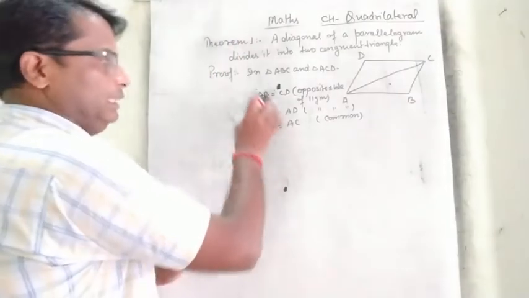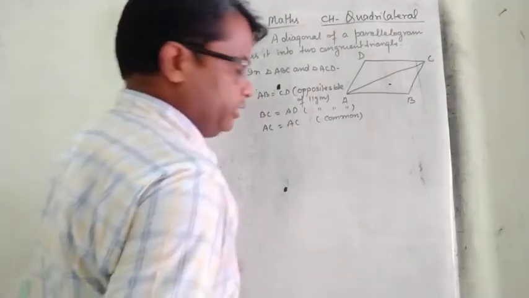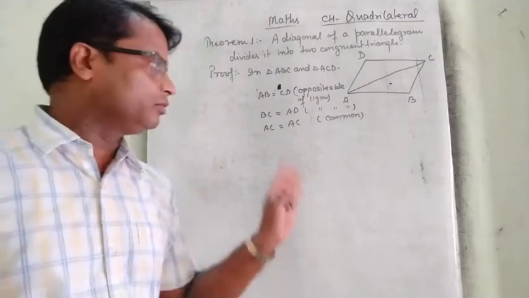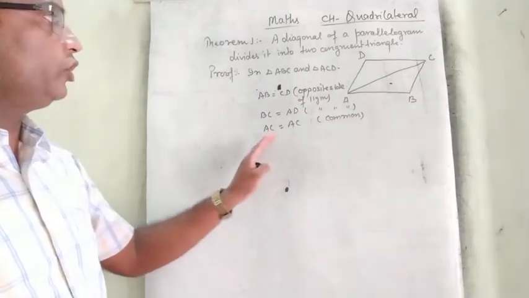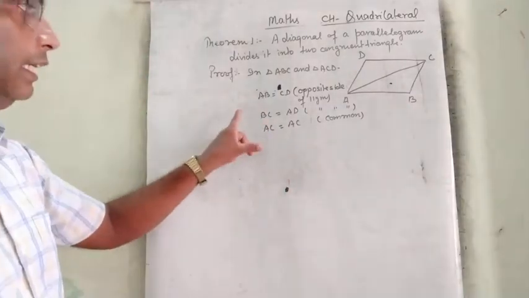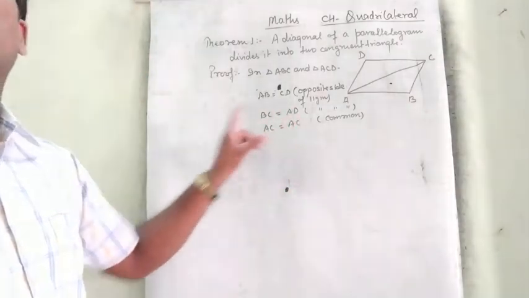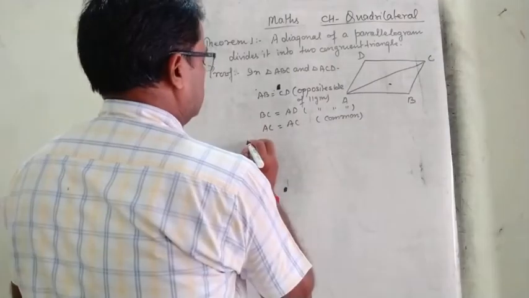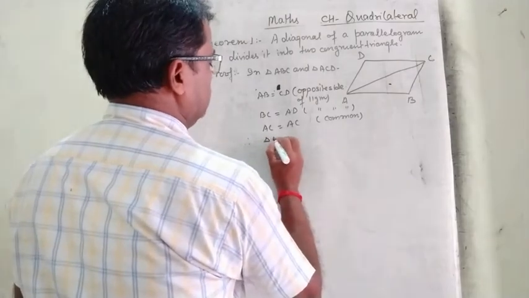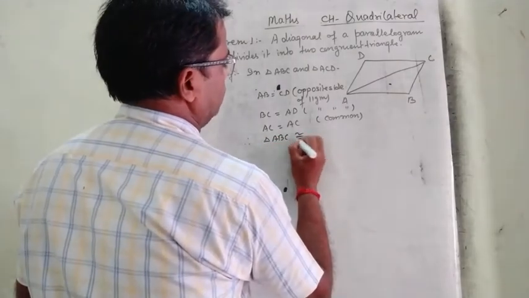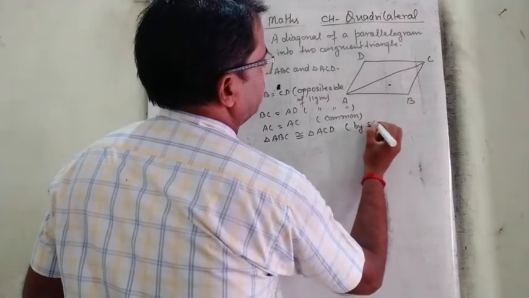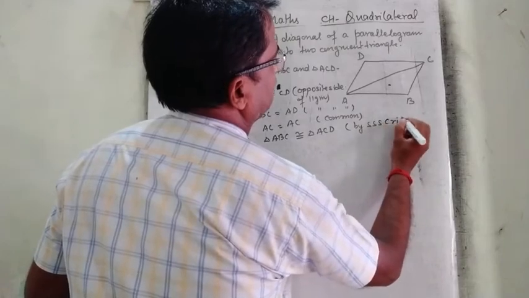This is a sufficient condition for proving congruent triangles. Three parts we have shown are equal, so we can say the triangles are congruent. Therefore triangle ABC is congruent to triangle ACD by SSS criteria.